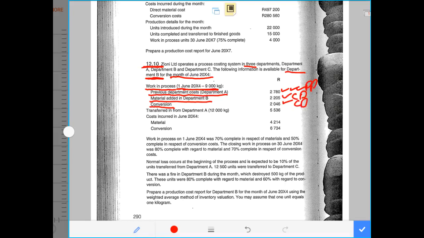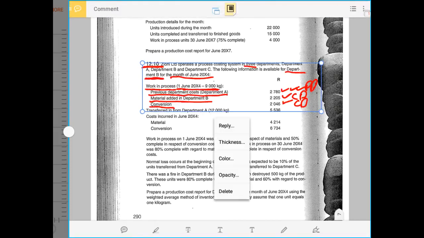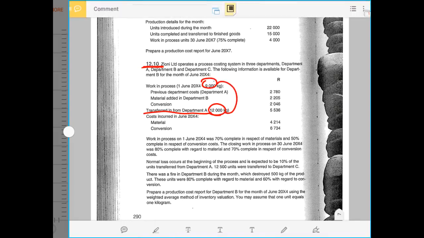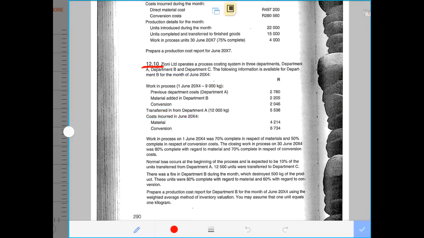It continues by saying that 12,000 kgs of material were transferred in from Department A. So now we had an opening balance, and we also have the transfer from Department A. Therefore now these are the kgs of material that will be recorded as the units.